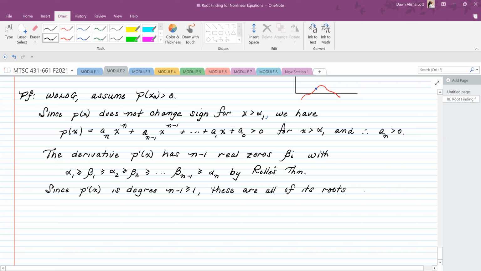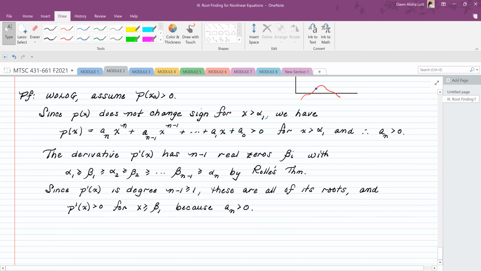And P prime of x is greater than 0 for x bigger than or equal to beta 1, because a_n is positive.